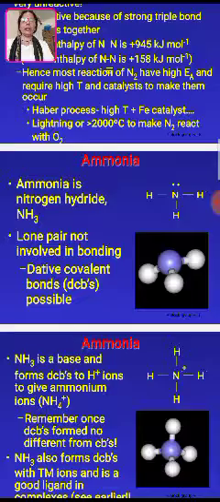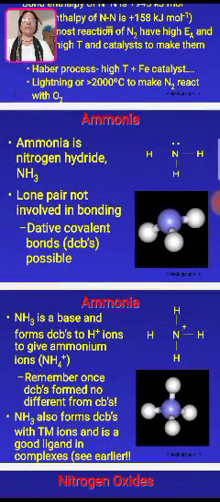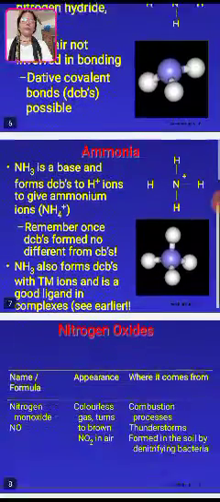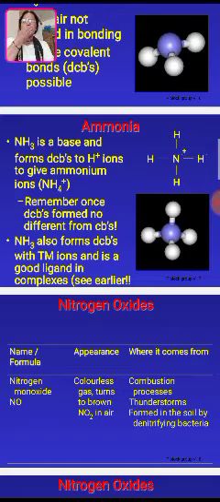Now another example of nitrogen in the form of a compound is ammonia. Ammonia is nitrogen hydride, NH3, which has a lone pair of electrons not involved in bonding, so dative covalent bonds are possible here. Ammonia is a base.